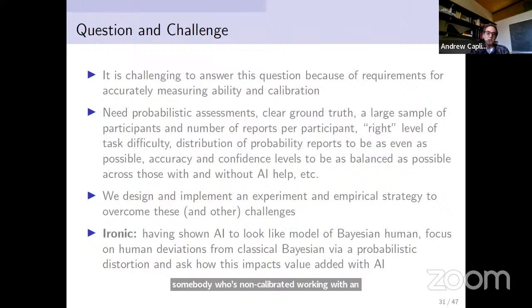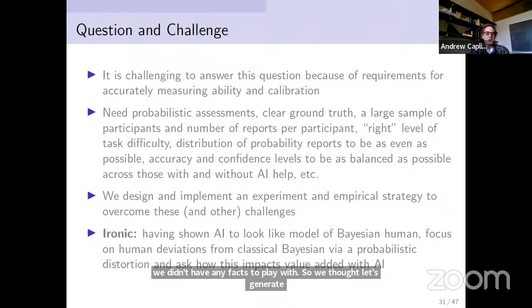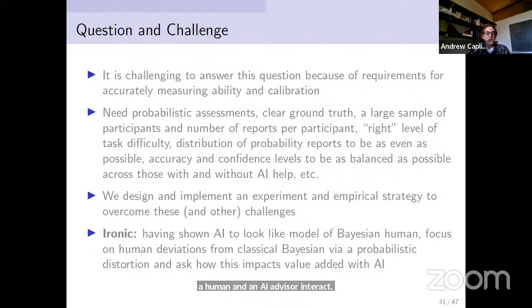In fact, we developed a number of models, and they're very sophisticated and interesting and confusing, but we didn't have any facts to play with. So we thought, let's generate a little bit of how a human and an AI advisor interact. And what I'll show you is results that indicate there's a little bit of a way to go before we know how to begin theorizing about this, I think. I don't know what more measurement to be done, but I think we need even more.